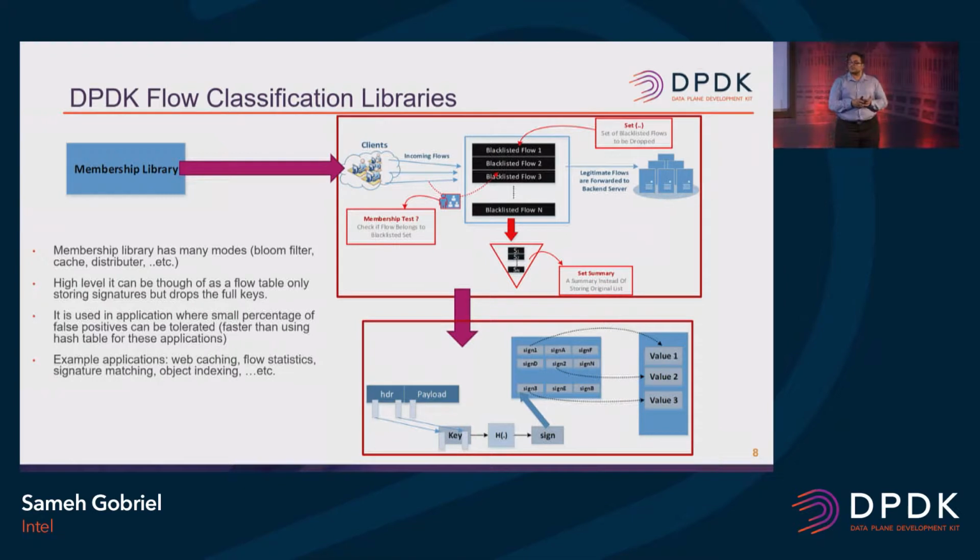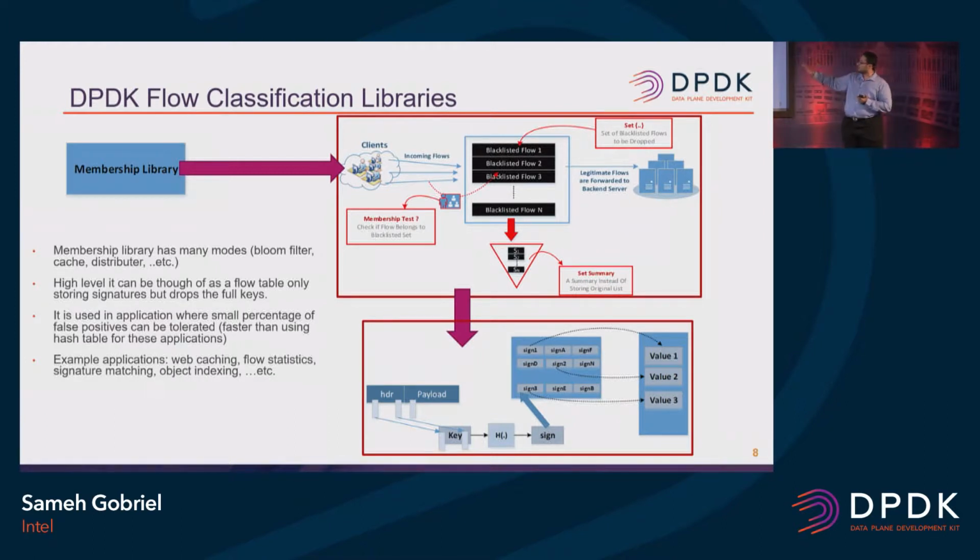So you can imagine that if you get a miss in this blacklisted flow, meaning there is no signature match, you definitely know that your flow is not blacklisted. So all the good flows will go through very quickly, while for the bad ones or the suspected ones, you have to do further analysis.